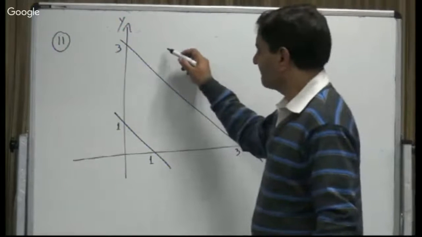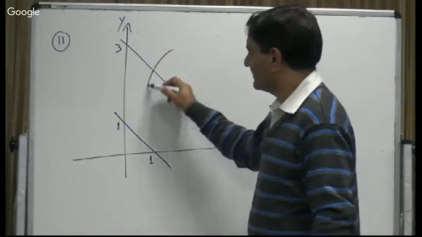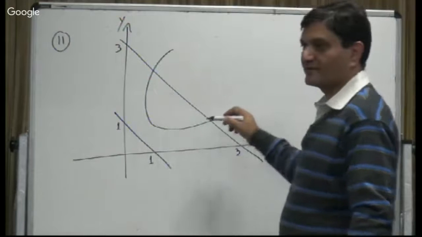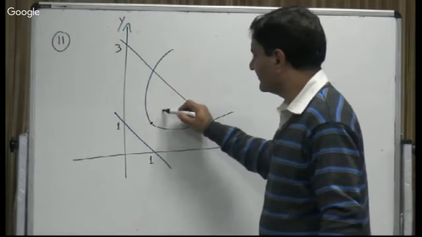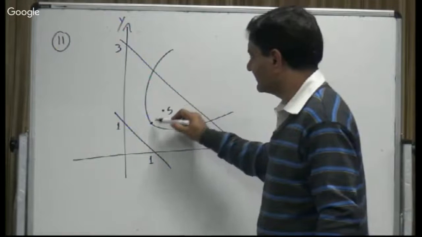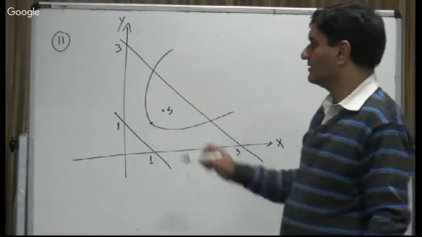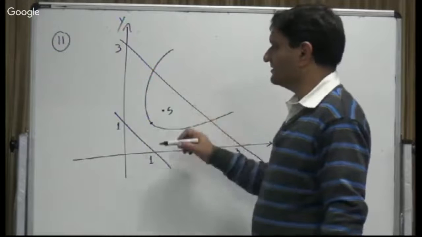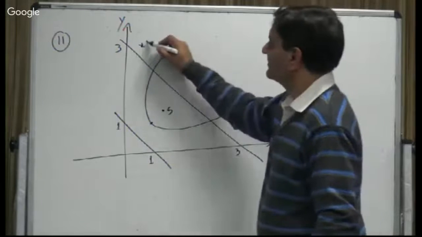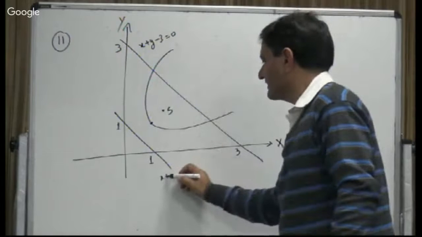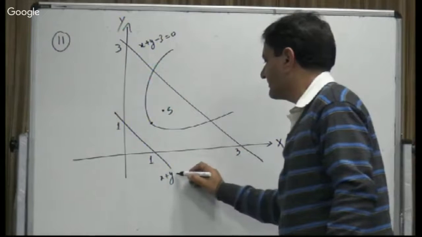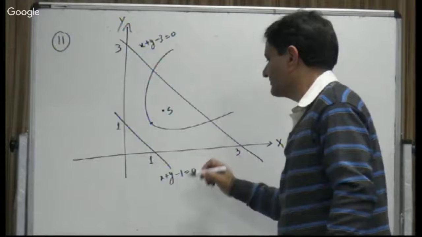So you can have the parabola like this. This is the vertex and let us say this is the focus. Focus lies between these two lines, x plus y minus 3 equal to 0 and x plus y minus 1 equal to 0.